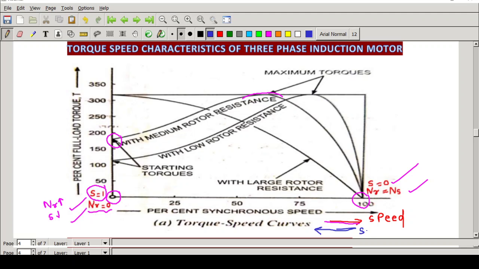On the right hand side the value of slip is 0, and it slowly increases, becoming 1 on the left hand side. So the conclusion is that torque slip and torque speed characteristics can be indicated together in a graph.